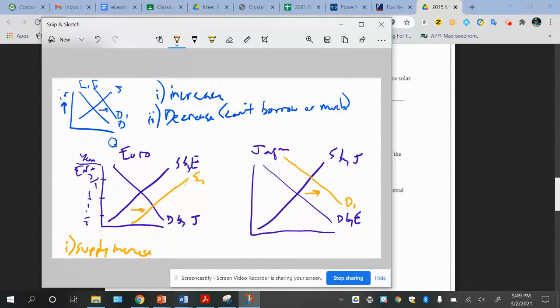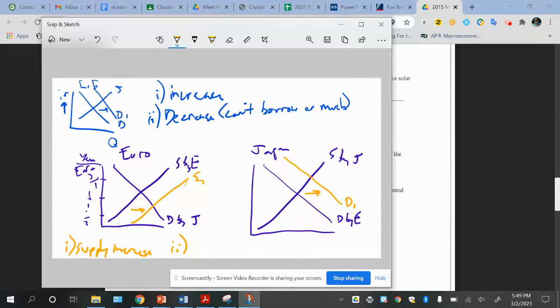Part two there, it's asking us what happens, and I want to make sure I word this correctly. What happens to the yen price of the euro? It's asking how much yen do I have to spend to buy 1 euro?